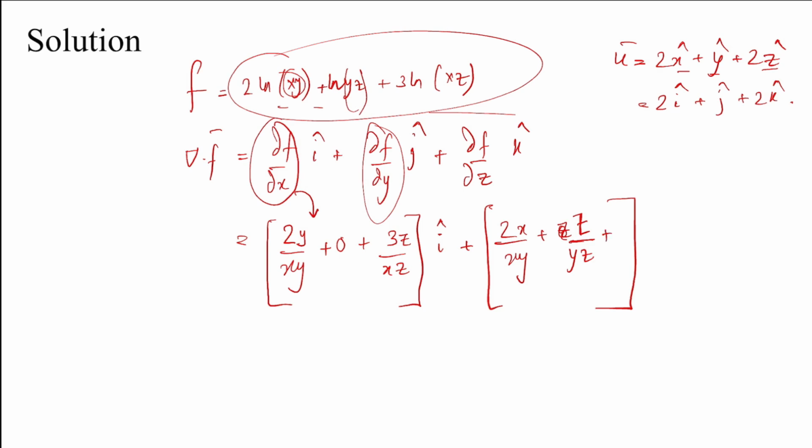And the ln xz term, differentiated with respect to y, should be 0. j cap, and the final one is k cap. So now differentiating with respect to z, right? And this is 3, and we are differentiating with respect to z.